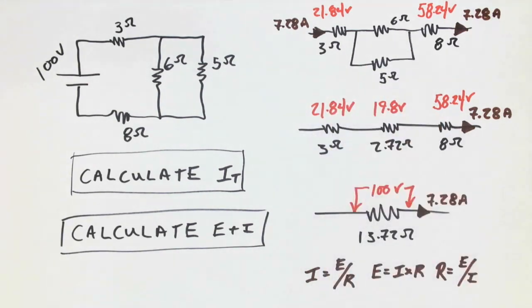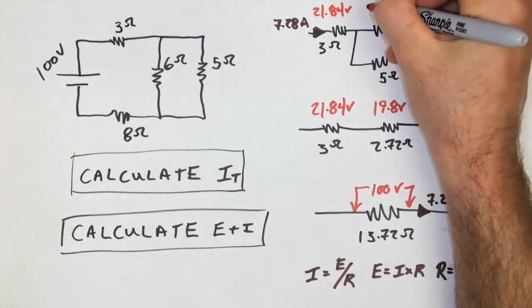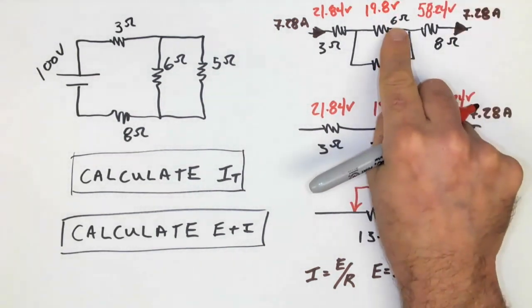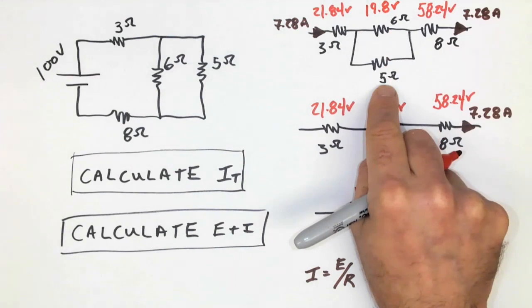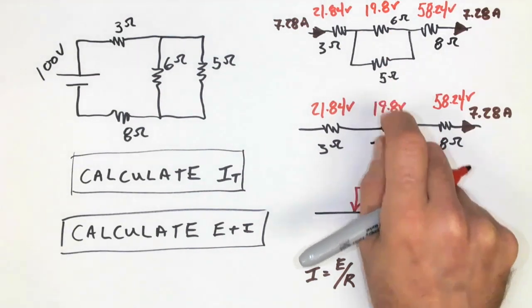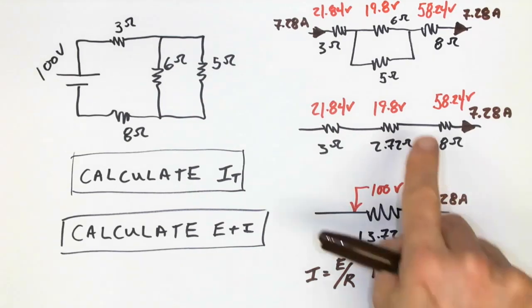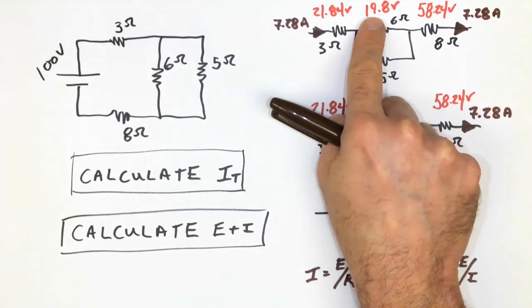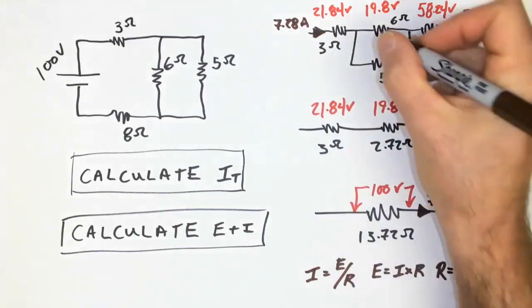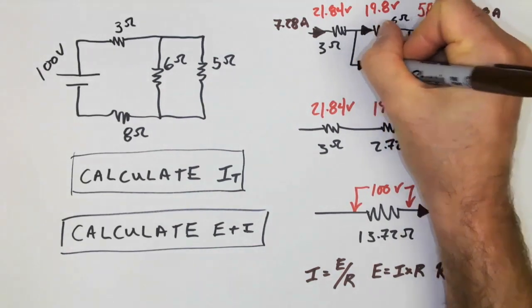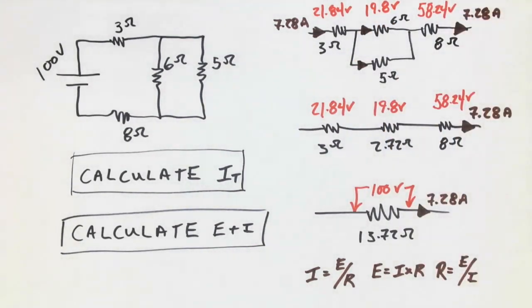So that would mean that 19.8 volts is present across both the 6 ohm resistor and the 5 ohm resistor. Now that we've transferred all of the information up, we can do our final calculations. With 19.8 volts and 6 ohms, we can use Ohm's law to calculate the value of current through each one of those individual resistors.